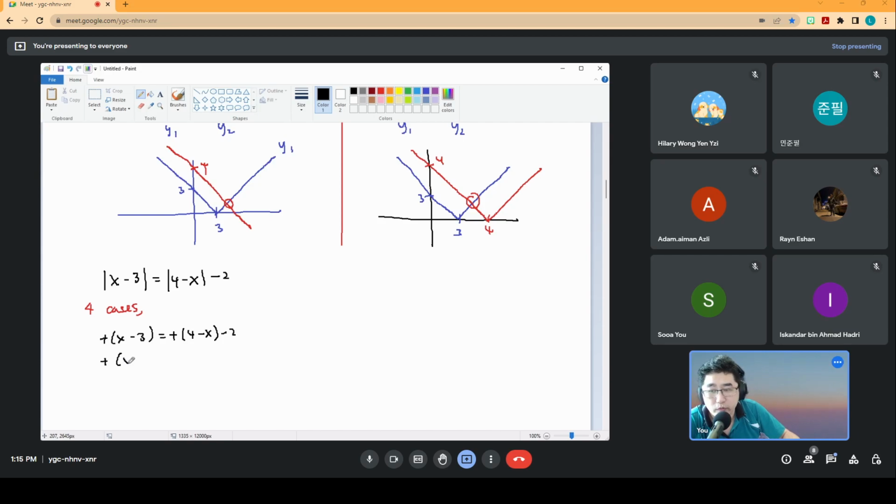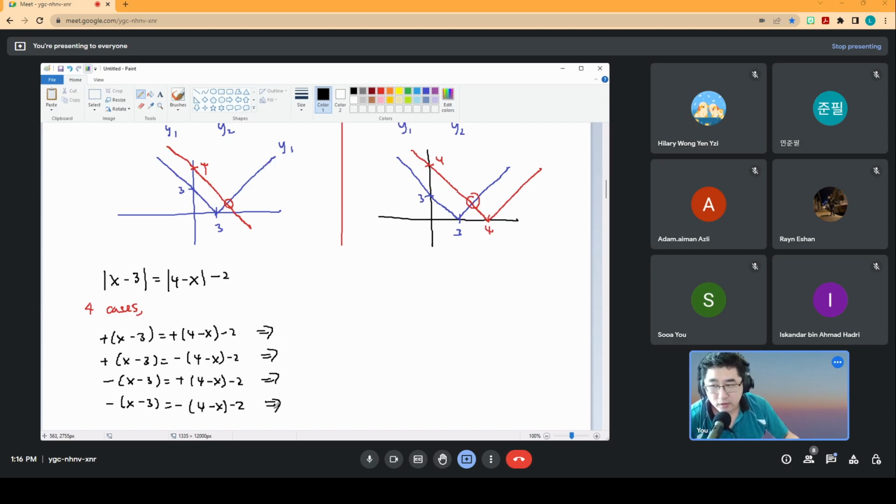We have a positive of x minus 3 equals negative of 4 minus x minus 2. We have a negative of x minus 3 equals positive of 4 minus x minus 2. We have a negative of x minus 3 equals negative of 4 minus x minus 2. So over here you can see that we want to train students to be analytically sensitive, so that students can actually consider all cases all the time.